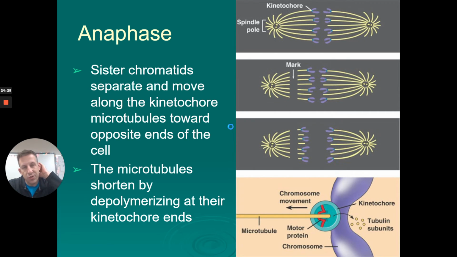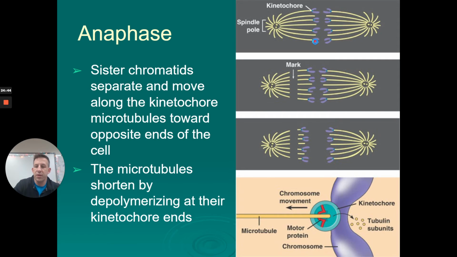So as these chromosomes start to move back towards the poles, don't think of it as the centrosome pulling them back like a fishing wire. Think of it as the chromosome hitching a ride on the microtubule highway.